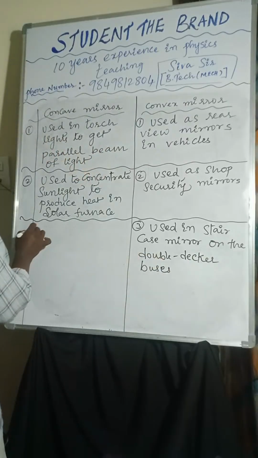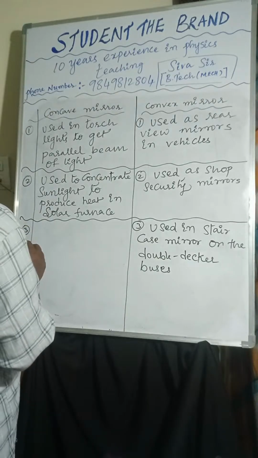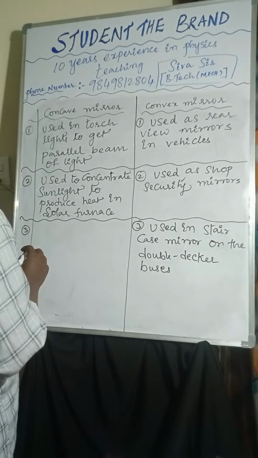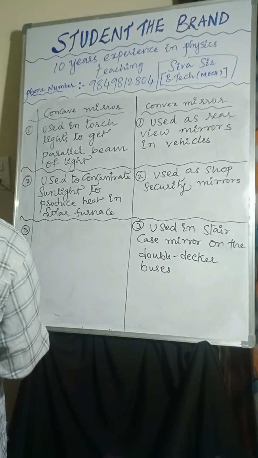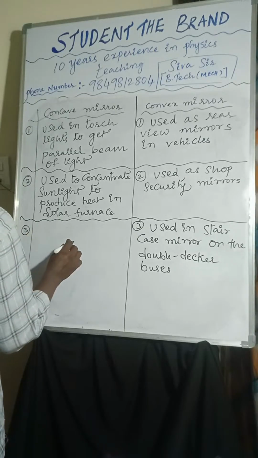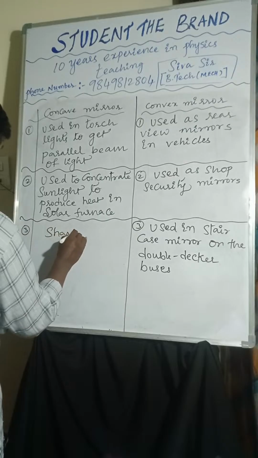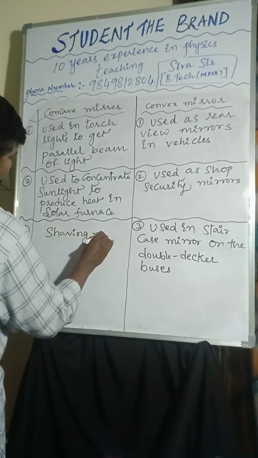And here, the third one. These are used as shaving mirrors to see a large image of the face. Dentists use this to see a large image of the teeth of patients. We can see the shaving mirror, because that much it won't fit here.